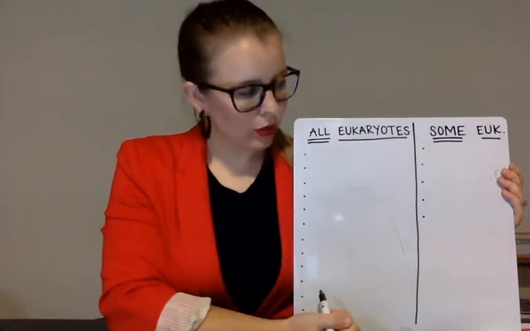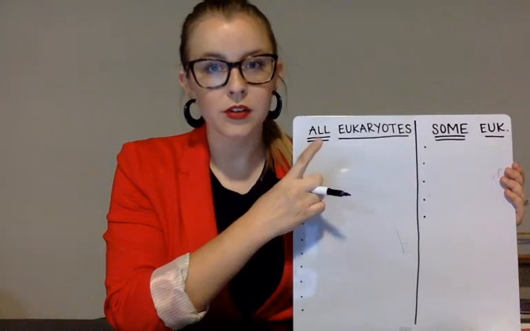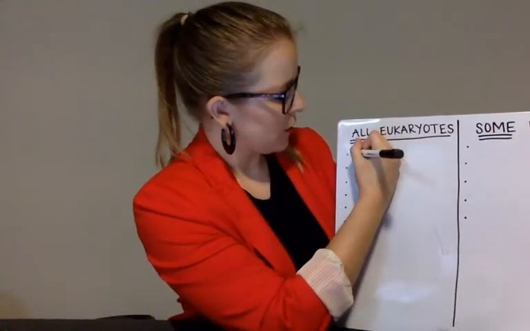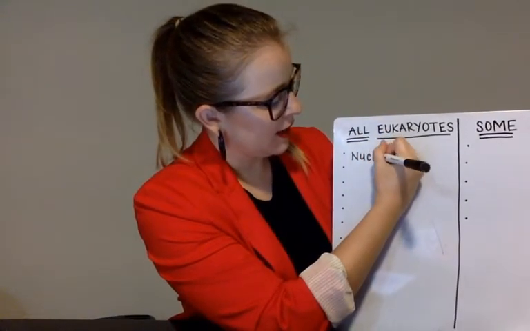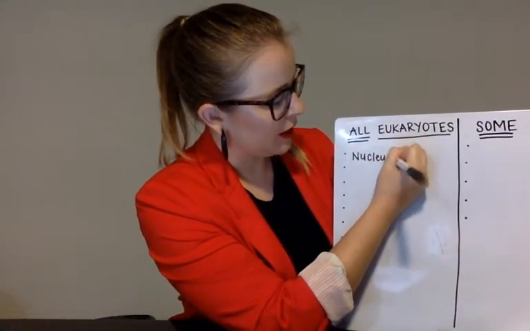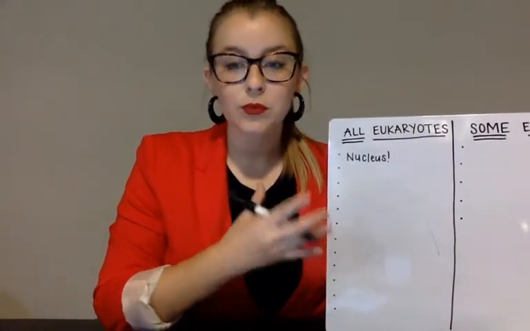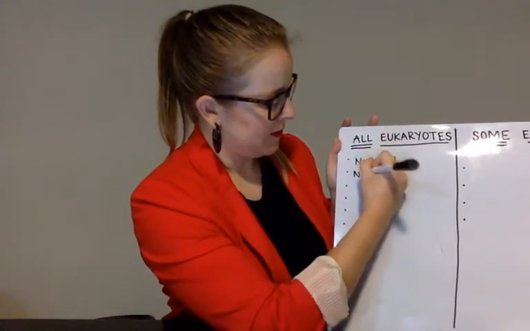So let's start going through the all eukaryotes list. So all eukaryotes, first and foremost, are going to have a nucleus. So we're going to write that down, nucleus, because that is a major component of being a eukaryote. They have to have a nucleus, and within the nucleus, they're going to have a nucleolus. So we're going to write that down.